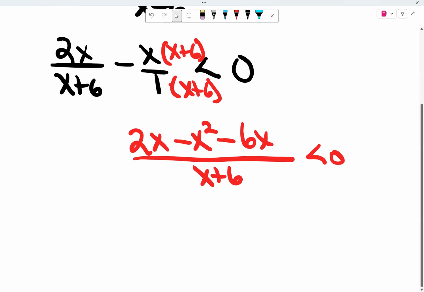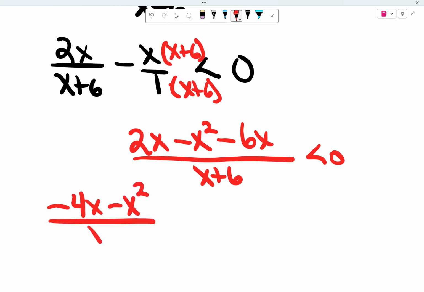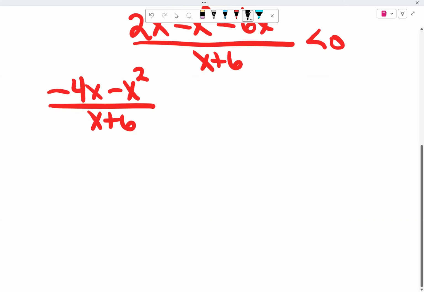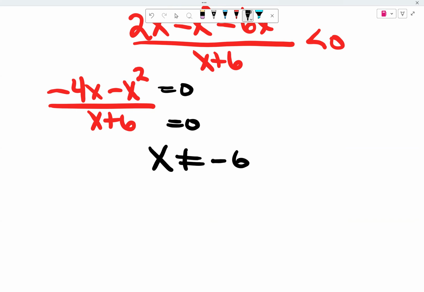Now, if I combine the like terms, you notice this gives you -4x minus x squared, and this is all over x plus 6. So far, so good. And now we solve. Remember, you set this to 0. You set this to 0. That means that x cannot equal -6.